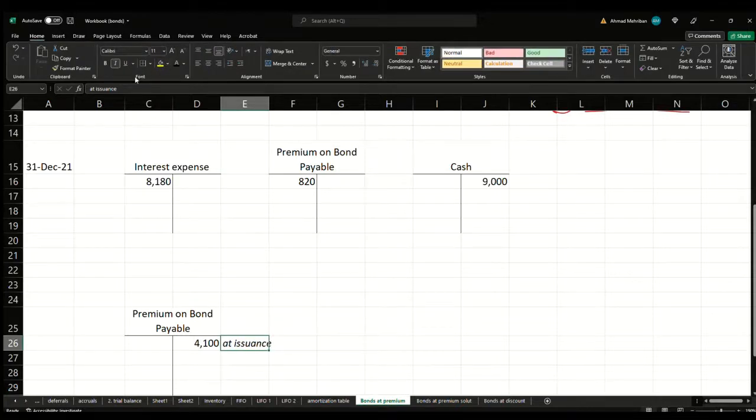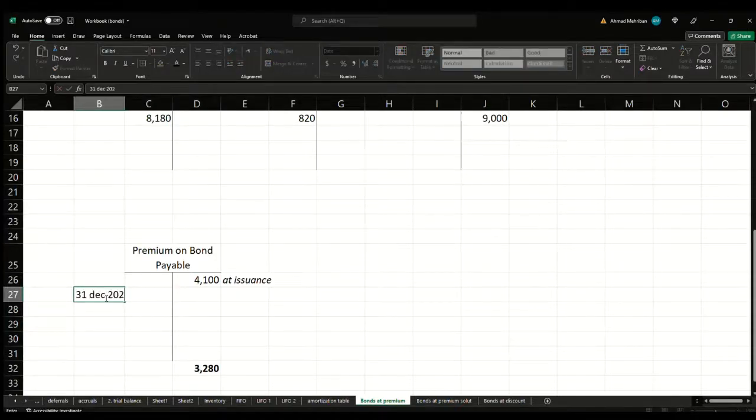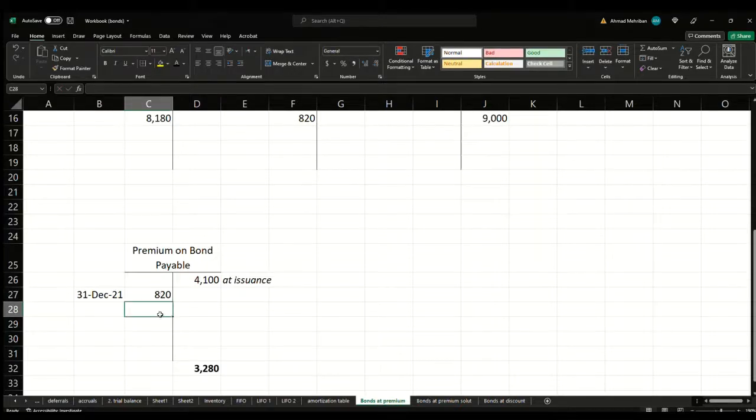Later we amortized 820 on 31st December 2021. Later we again amortize 820 on the same day but the next year, again 820, and again 820, and lastly in 2025.